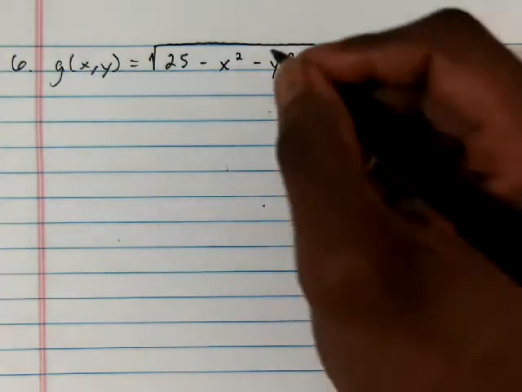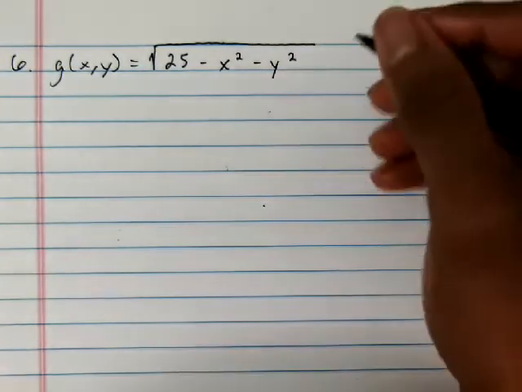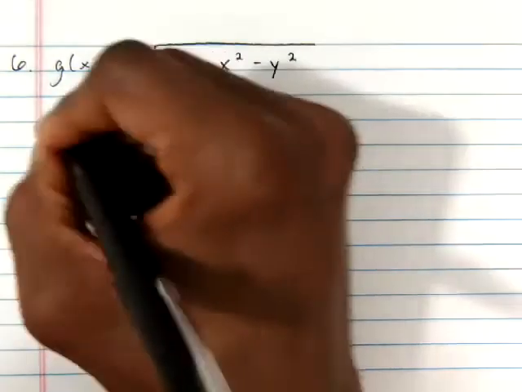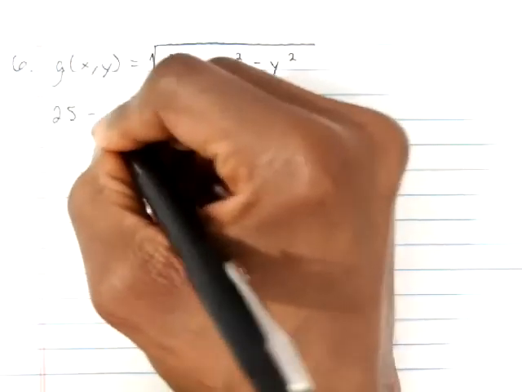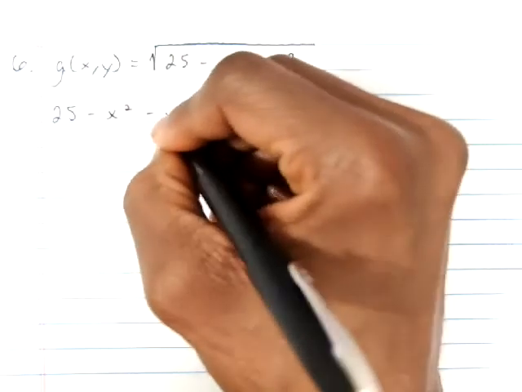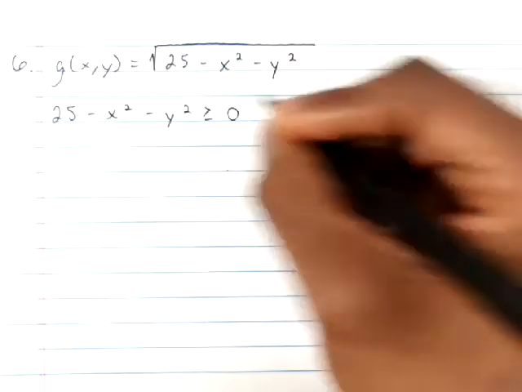Again, we'll use our knowledge of square root, which tells us that 25 minus x squared minus y squared has to be greater than or equal to 0.